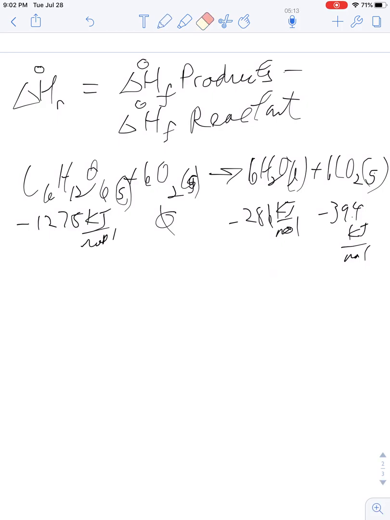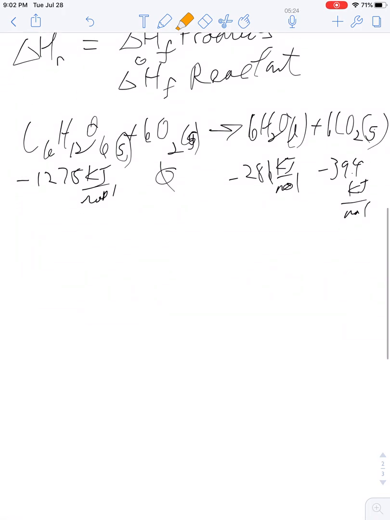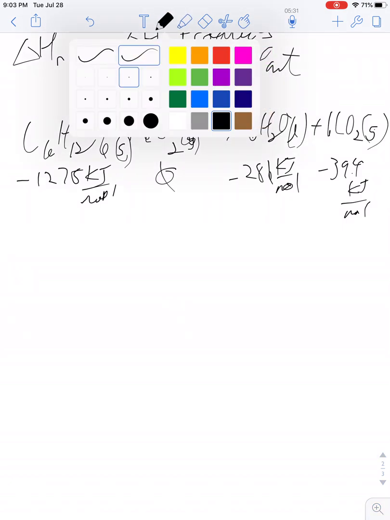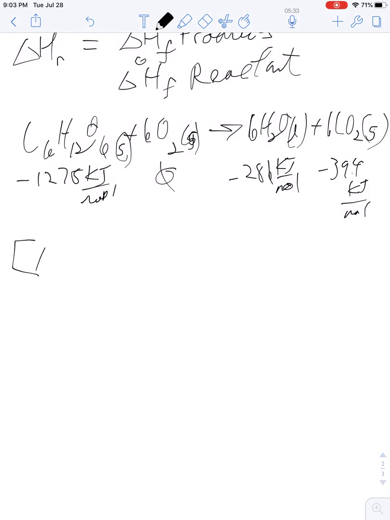So now we do the products minus the reactants. And then we have to multiply them by their mole ratios. Okay? So I would take 6 times negative 286 plus 6 times negative 394. So those are my products.